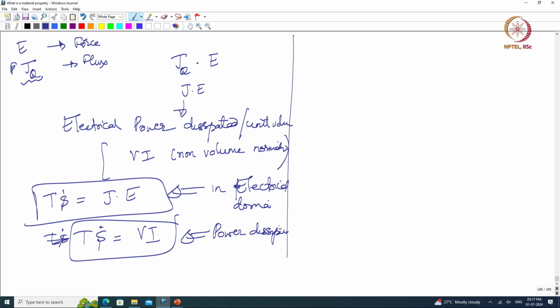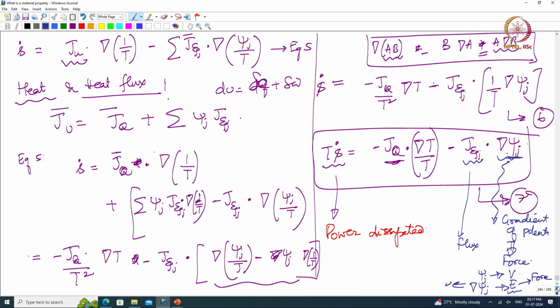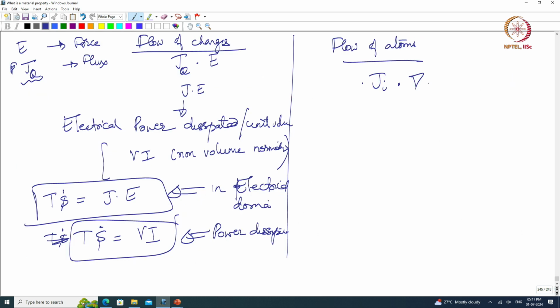right. Then if I have flow of atoms, this is flow of charges, right. If I have flow of atoms, then J I is the flux, and the force will be given as, if I just go back here, the gradient in concentration or gradient in what is called chemical potential of these atoms, right.